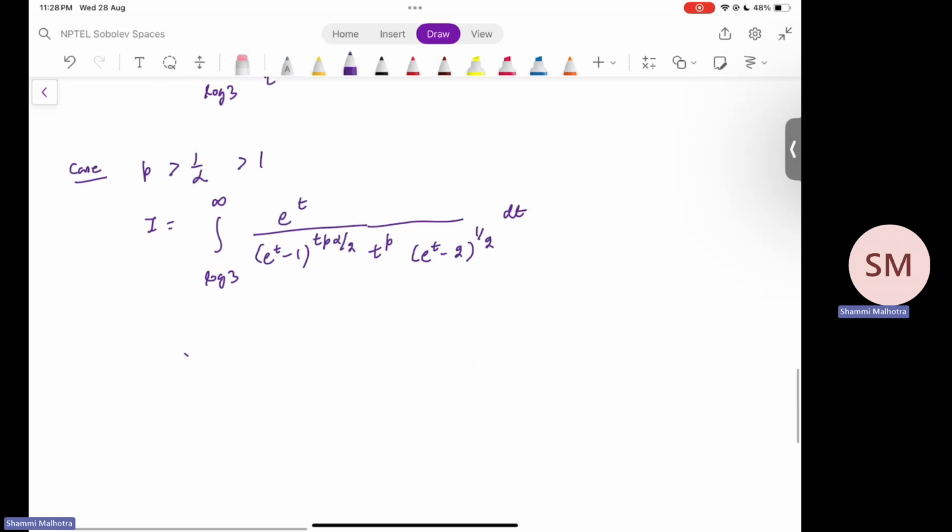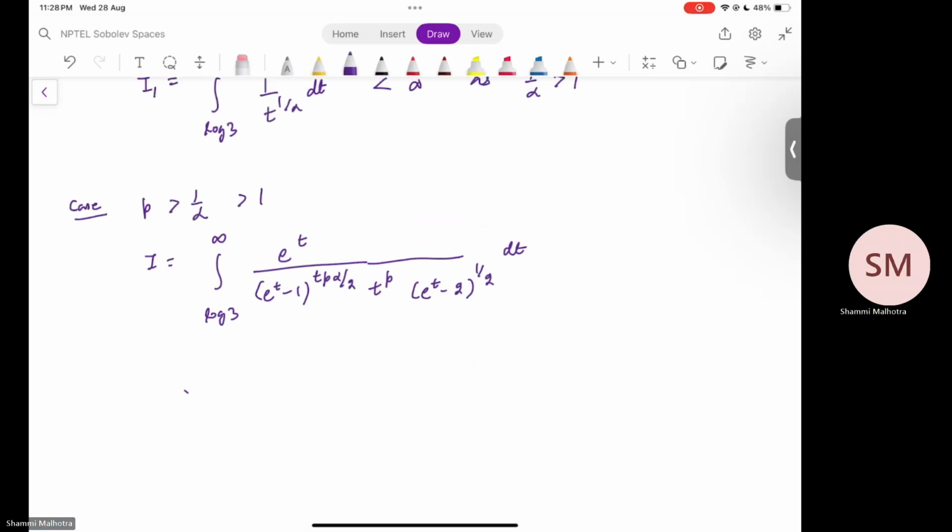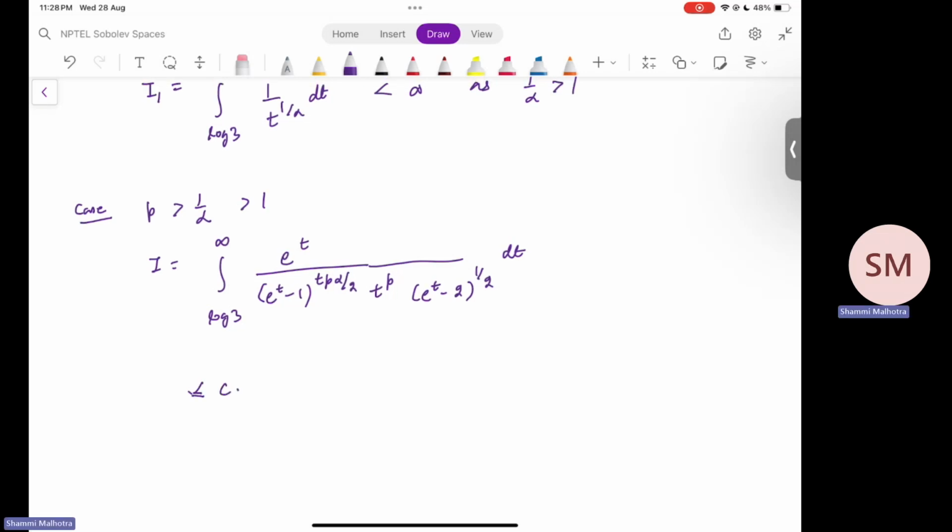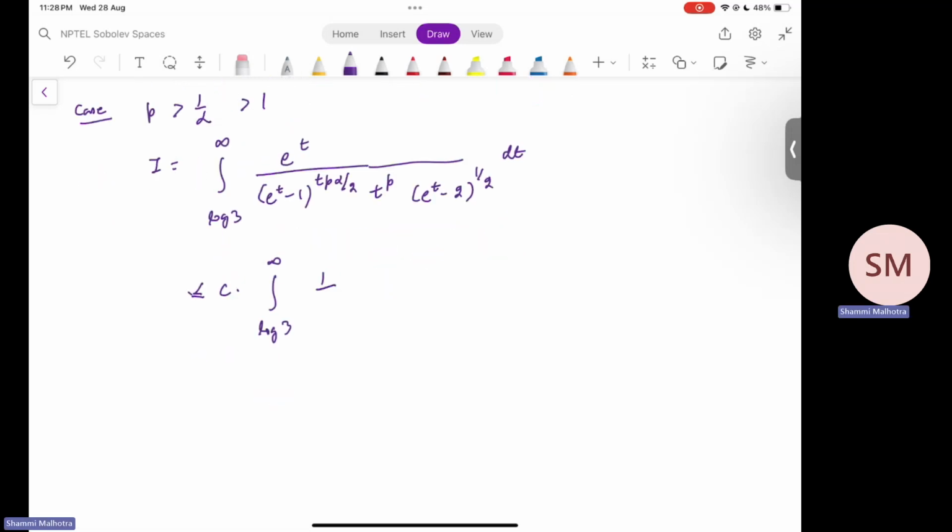So ultimately, this integral is dominated by some constant times the integral from log 3 to infinity of 1 upon t raised to the power of p dt, which is finite since the limit of e^t minus 1 to the power t p alpha by 2, e^t minus 2 half, this whole thing, since p is greater than 1 by alpha, the whole power will be a negative power of an exponential, which is actually 0 only.